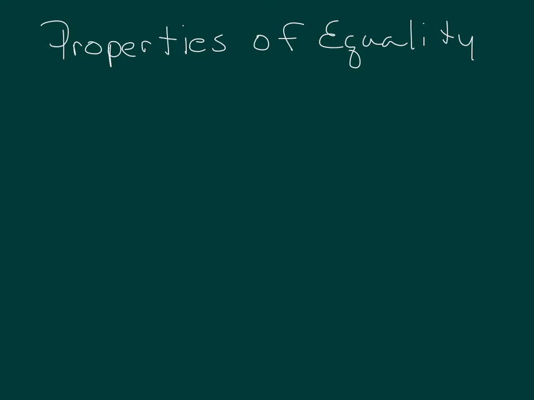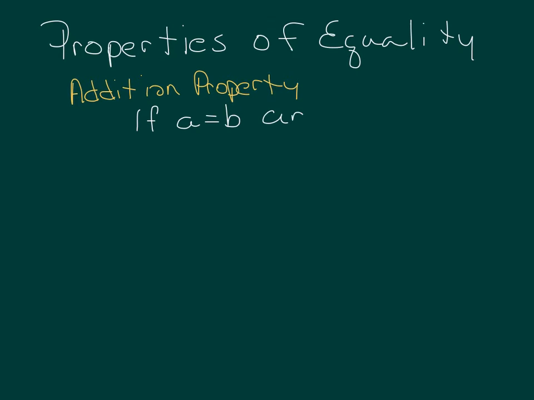All right? The first property of equality is the addition property. If A equals B and C equals D, then we can say that A plus C equals B plus D. In effect, what we've done is add the same thing to both sides.